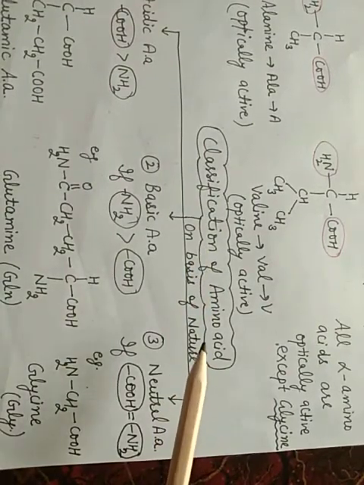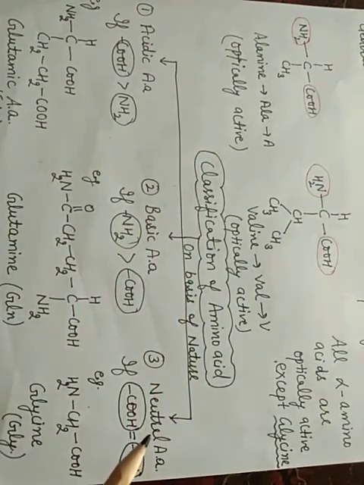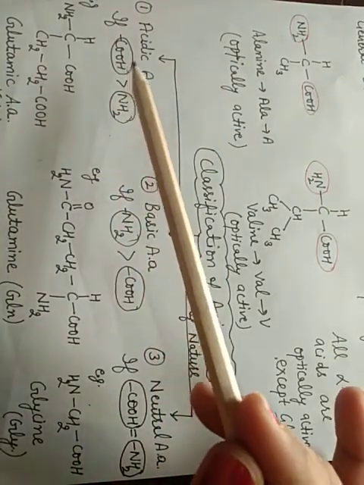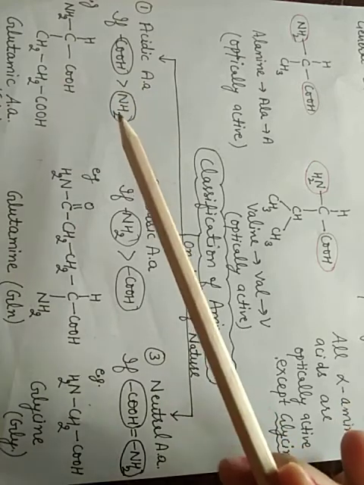Then the next is the classification of amino acids. On the basis of nature, amino acids are of 3 types: acidic amino acids, basic amino acids, neutral amino acids. In acidic amino acids, the COOH group, meaning the acidic group, is more than the basic group.